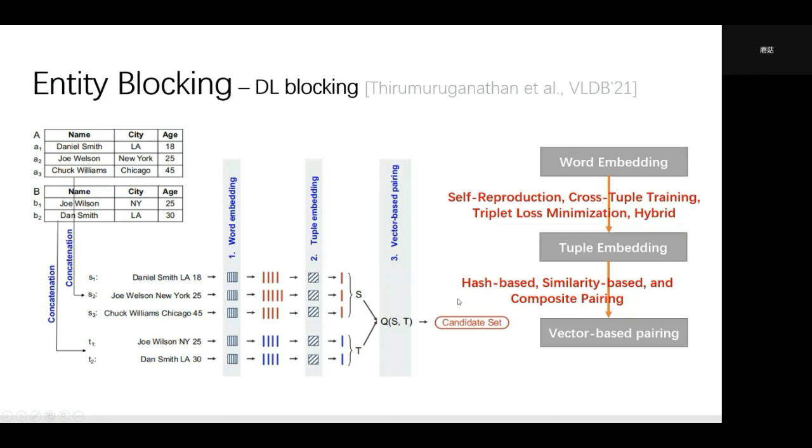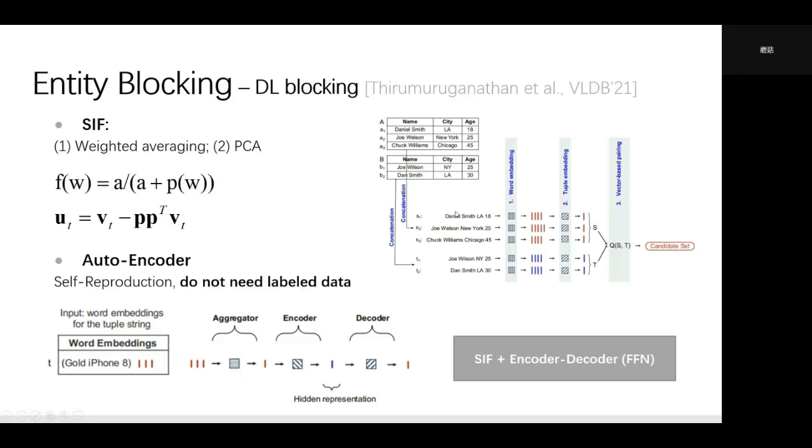So the first method is the SIF. For each tuple, we calculate a weighted average over the word embeddings to obtain the aggregation vector. The VT is the aggregation vector. FW is the weight.